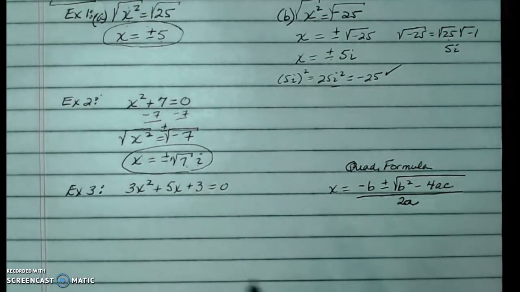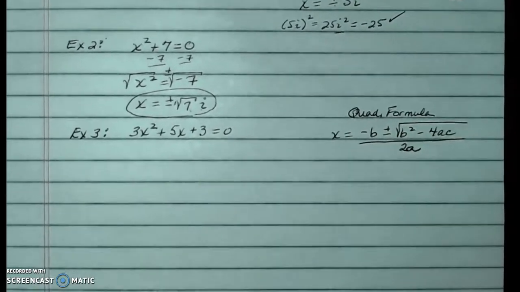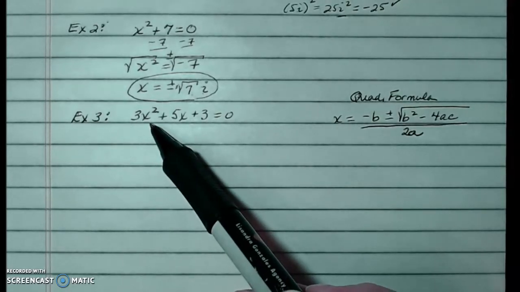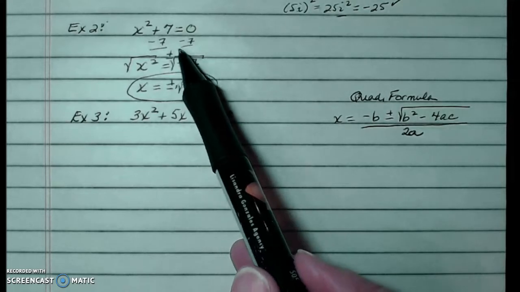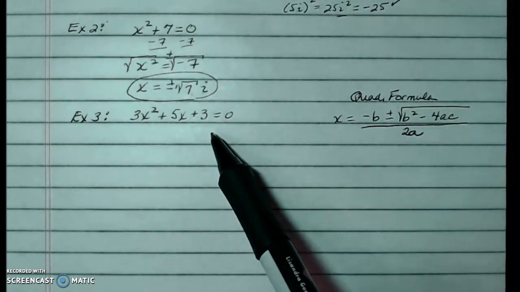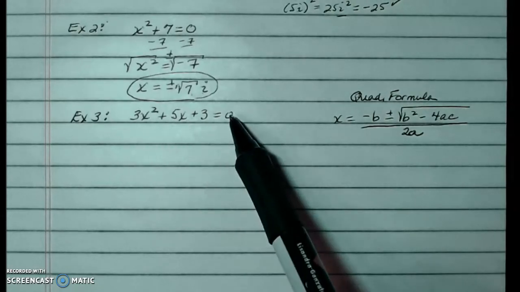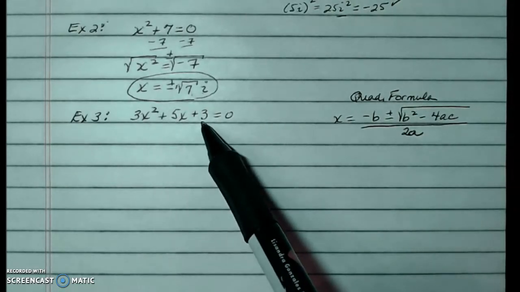Now the other type of equation solving that you're going to be responsible for also involves quadratic equations, but equations that don't factor and can't be solved easily by taking the square root of both sides. You would have to complete the square, which is frankly not a fun process. So let's use the quadratic formula to solve this equation that is a quadratic equation, but it has three terms.